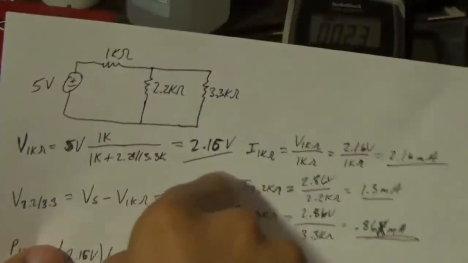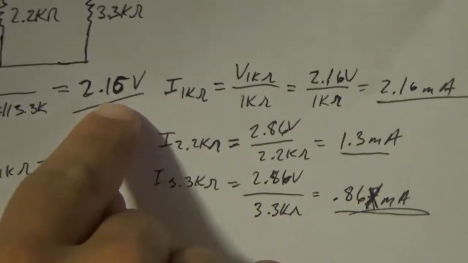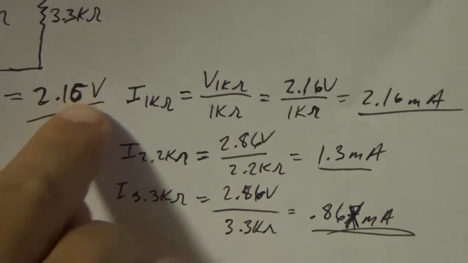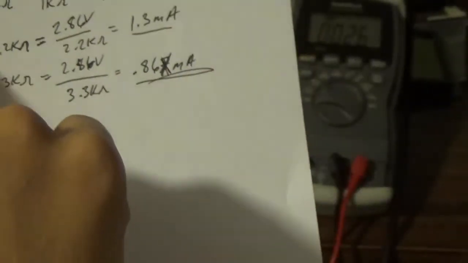So I calculated that we should have 2.16 across the 1 kilo ohm resistor. If you guys watch the meter, hopefully this video comes out well.